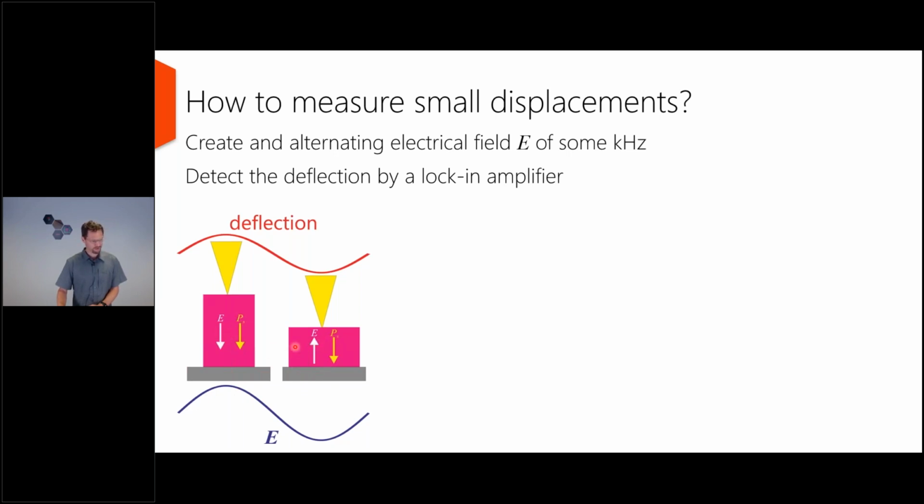When it's upwards, it's anti-parallel, and you see that the sample will start to vary oscillatory in height. And if the cantilever is on top, the deflection is moving along with that. If you have a strong piezoelectric material, you get a high deflection amplitude. If it's a very weak piezoelectric material, you get a very small deflection amplitude.